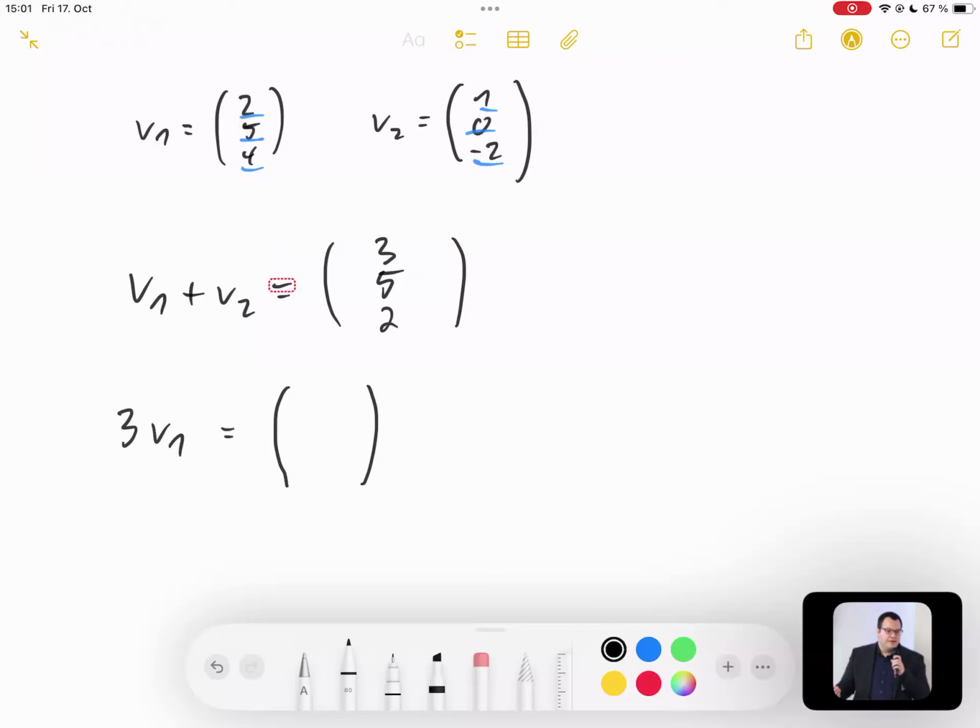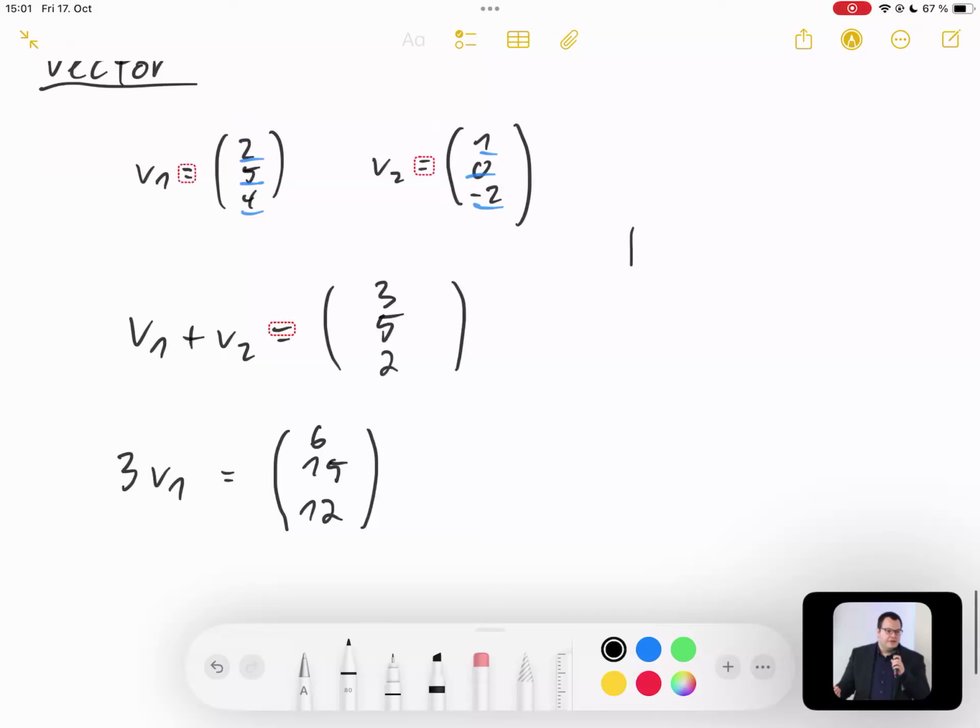So it's 2 times 3, which is 6. 5 times 3 is 15, and 4 times 3 is 12. So that's fairly easy.